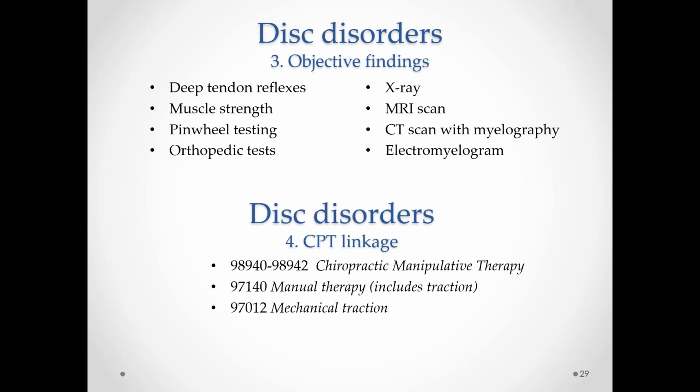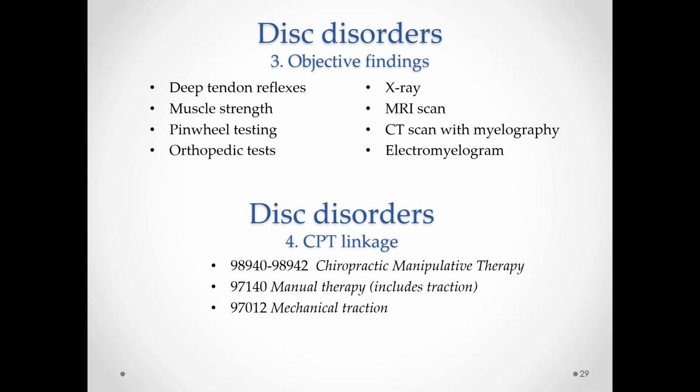And then what are the procedures I think you can use along with these diagnoses? Well, they all involve separating joint spaces or pulling things apart. So I chose the procedures of chiropractic manipulation because you're moving joints, manual therapy because it includes manual traction, and mechanical traction. I think that you can justify these services for a patient with a disc disorder.